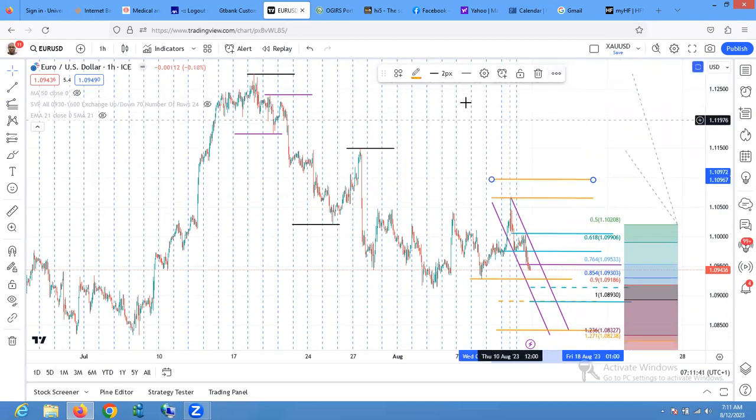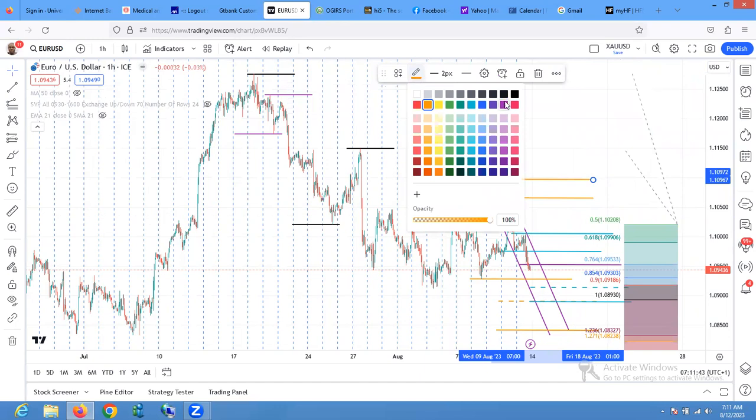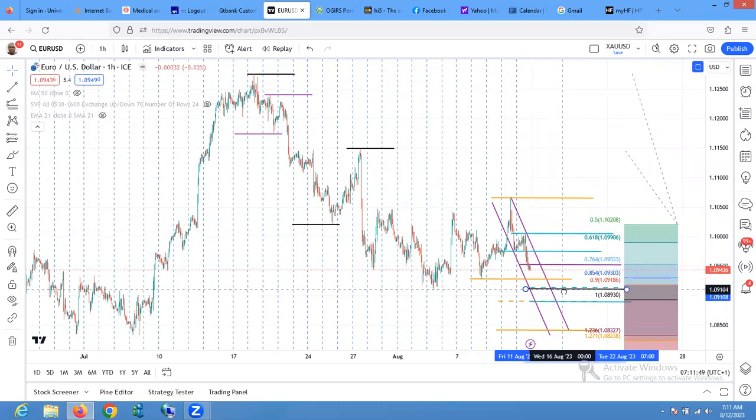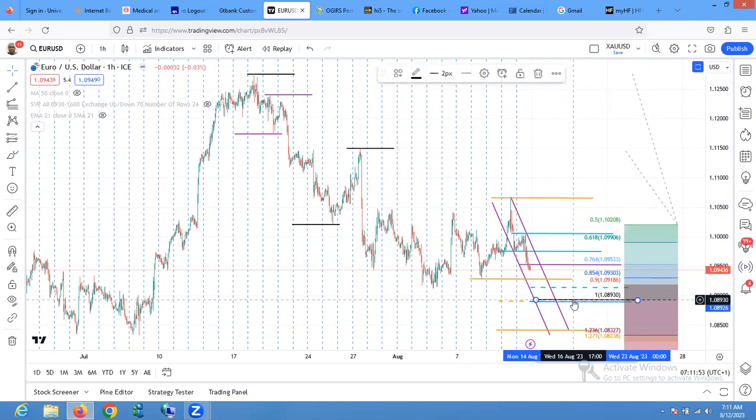Looking at the big picture now, the 100 extension is also very close to where we expect this to turn to the upside.